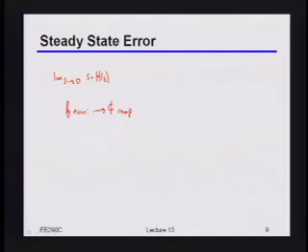Assuming I'm working on everything now as phi of S, what would be the representation of a phase ramp? And remember, it's a ramp. So what's a step? 1 over s. A ramp is 1 over s squared.